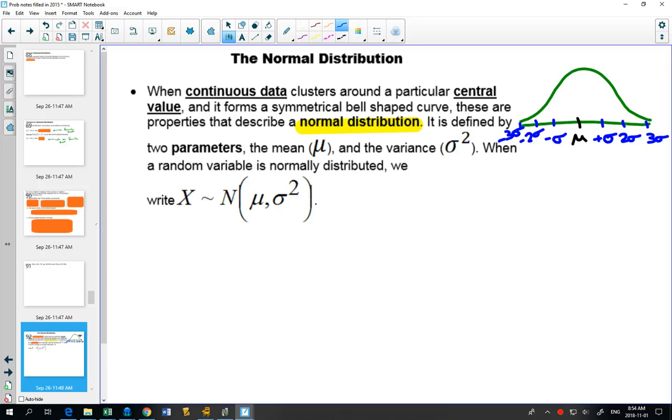And when something has a normal distribution, we're going to learn that with just those two numbers, you know a ton of information about it. You can describe the group of people, or whatever the data is you've collected, really well, just knowing the mean and the standard deviation.